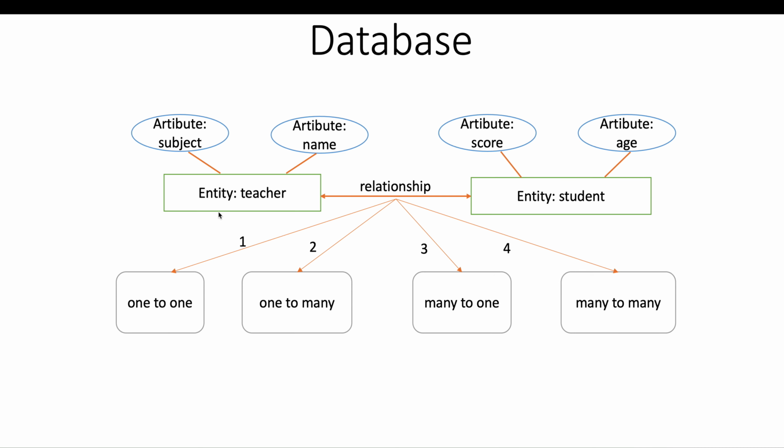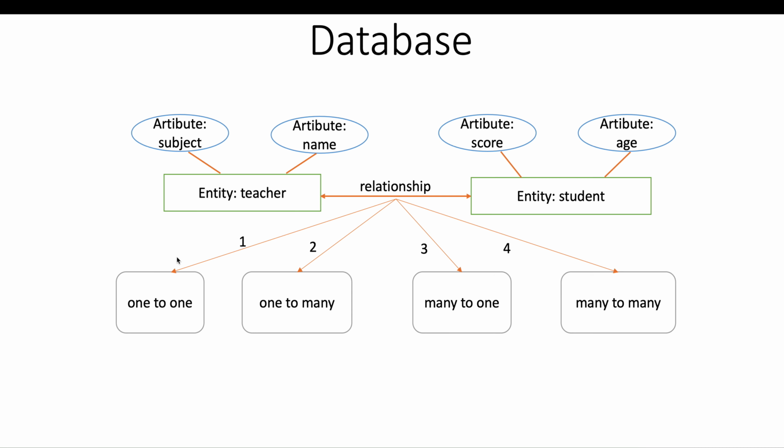Then each entity, like the teacher, in an actual database is called a table. So in the table, we have a teacher. Then inside each table, we have different fields called attributes. For example, the teacher can teach some subject like math, English, or a programming language like me.